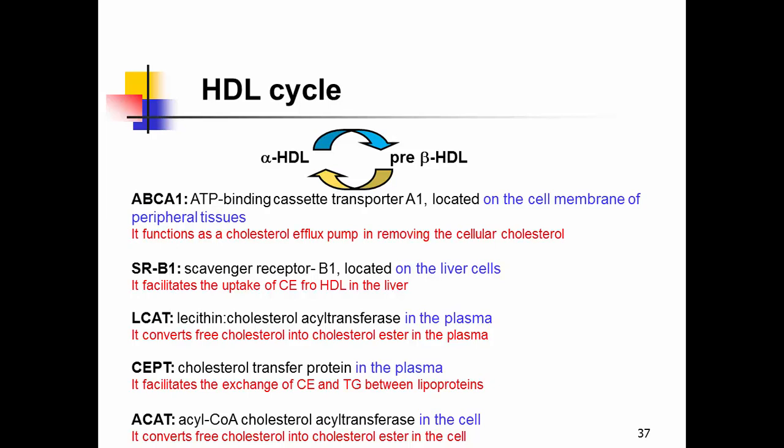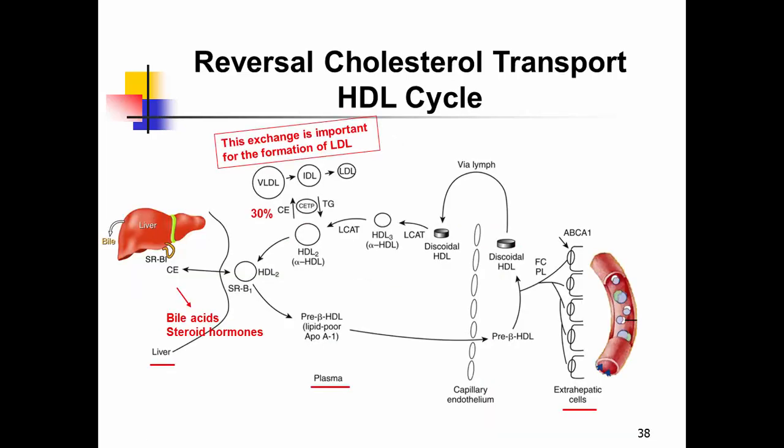So alpha HDL eventually takes the free cholesterol from peripheral cells to the liver for disposal, right? And these 5 proteins are important, regulating this whole HDL cycle process.